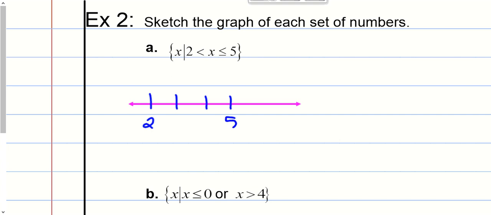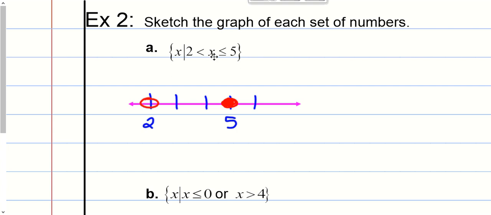Since there's not very many numbers, we can include all of our hash marks in between all of them. If you wanted to put the 6 there, you can put the 6 there. It's not a big deal.